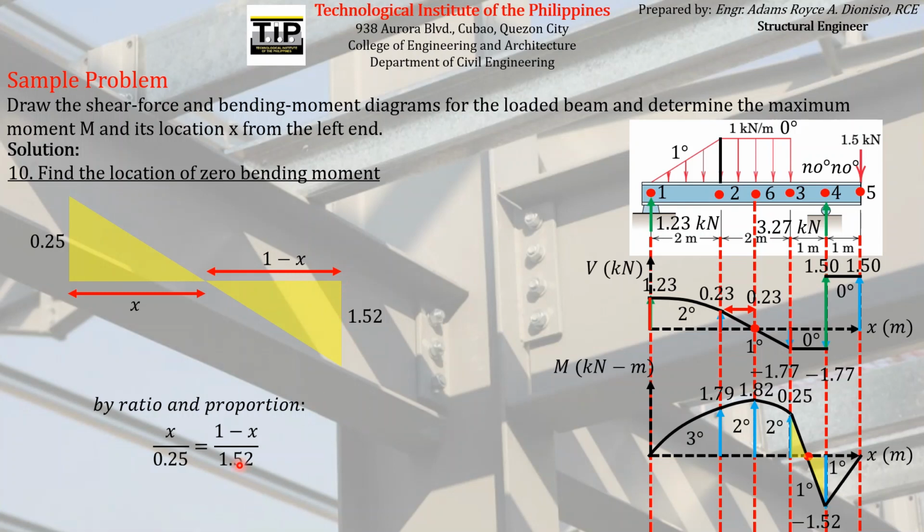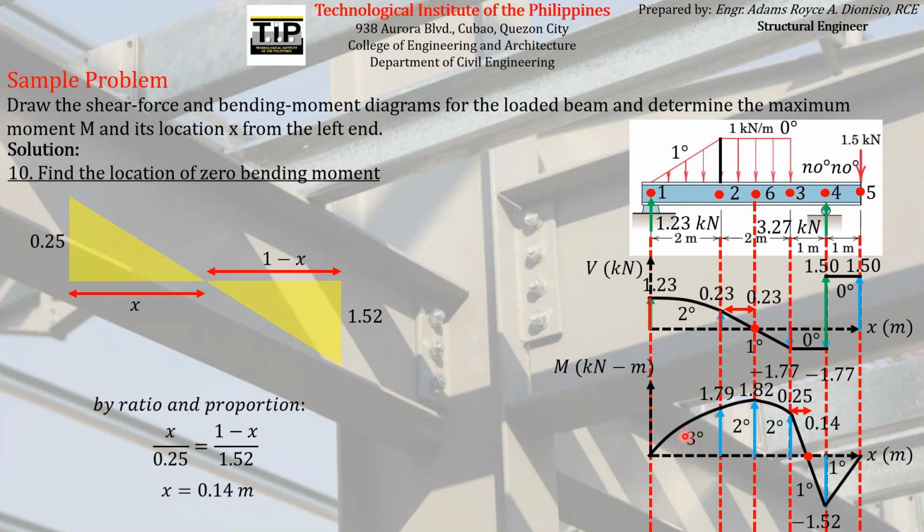Solving for x, we have 0.14 meters. So the location of this zero bending moment is 0.14 meters from point 3. Or if we use the leftmost end as the reference, it is located 2 meters plus 2 meters plus 0.14, which is 4.14 meters from the leftmost end.